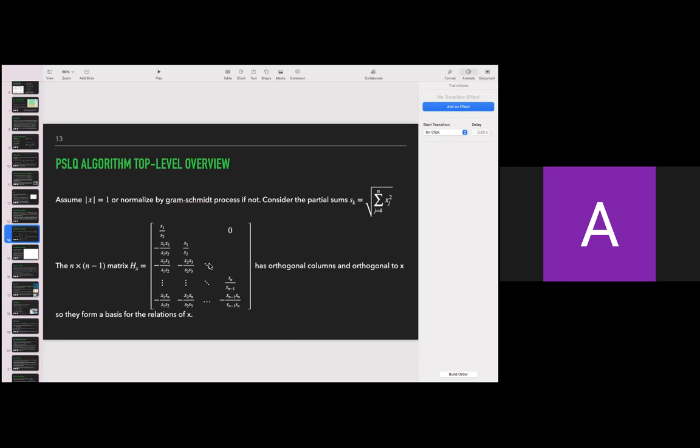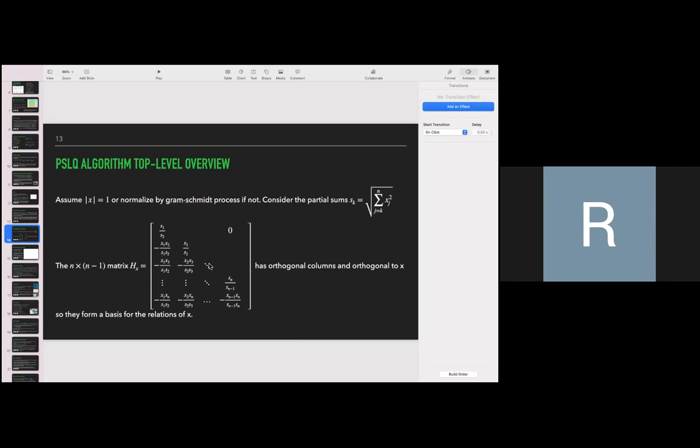So these partial sums are the square root of the squares of the entries in the vector starting from k. Yeah. Okay. And then you make this n by n minus 1 matrix. Yep. What exactly are the entries? For row and column i, j, we take x_i and x_j on the numerator, and then s_i and s_j on the denominator.